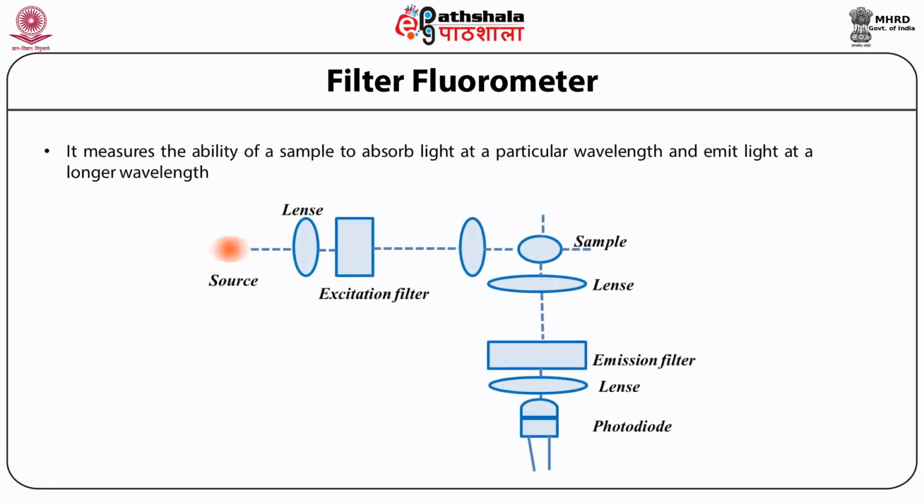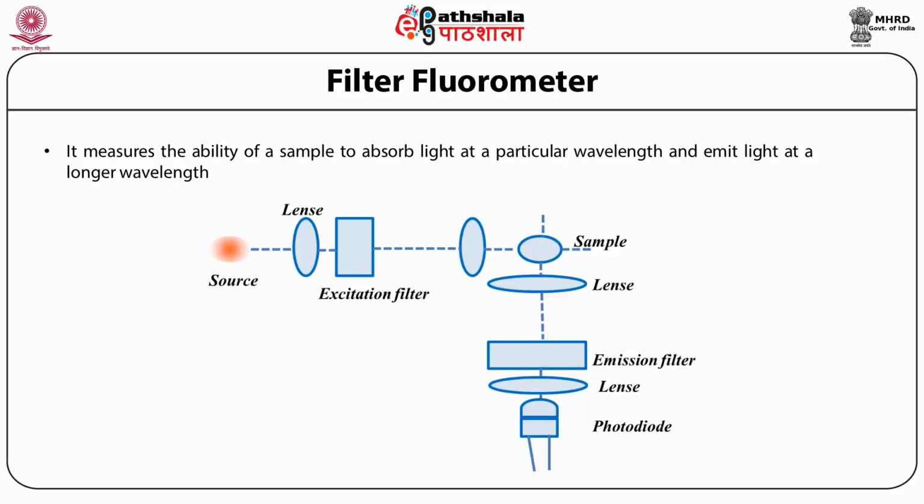It measures the ability of a sample to absorb light at particular wavelength and emit light at a longer wavelength. It is a good choice when sensitive quantitative measurements are desired for specific compounds.